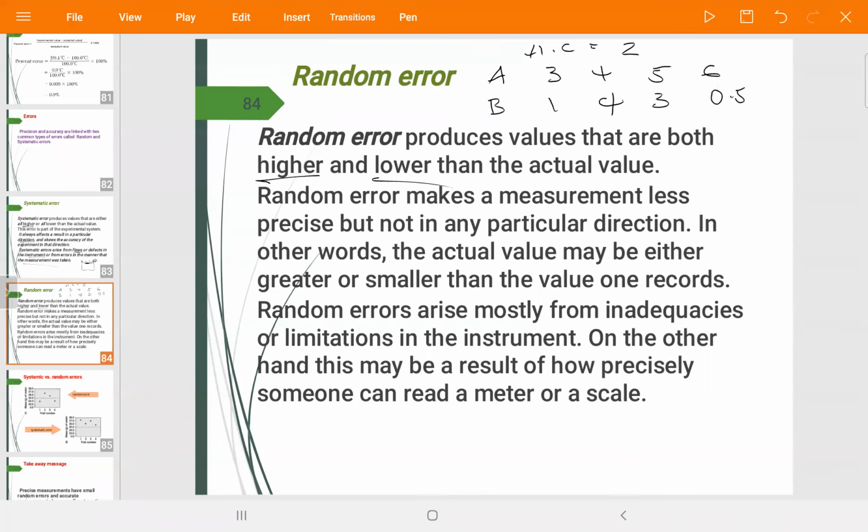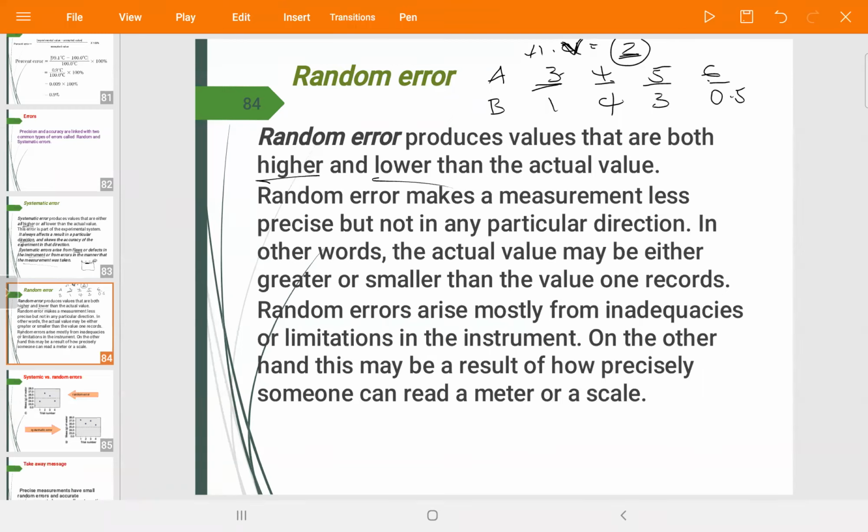Taking the first one, A, with the accepted value of 2, because these measurements all lie above the accepted value, we can say that the error encountered in this case is systematic, because all the values are higher than the accepted value.